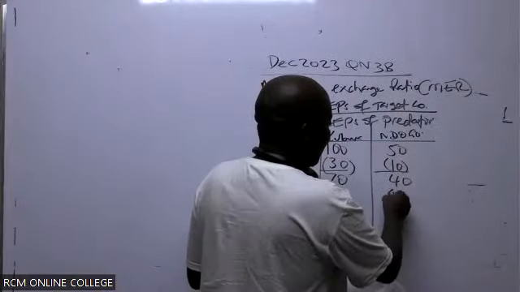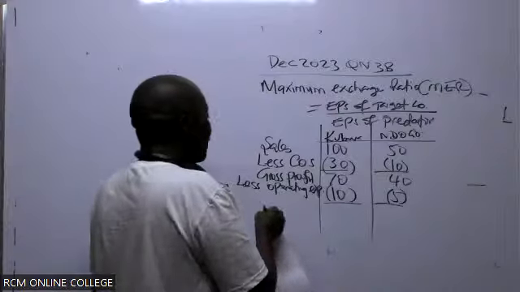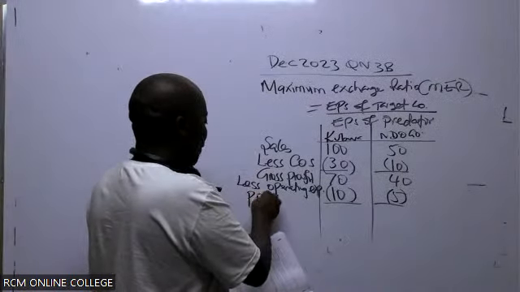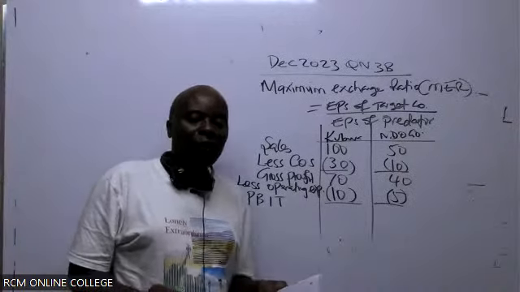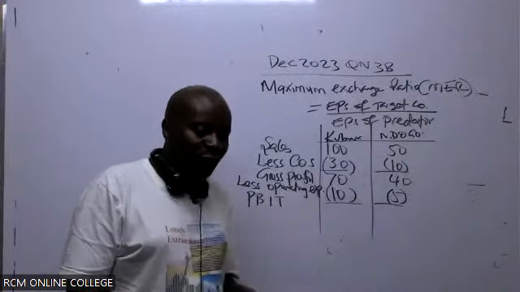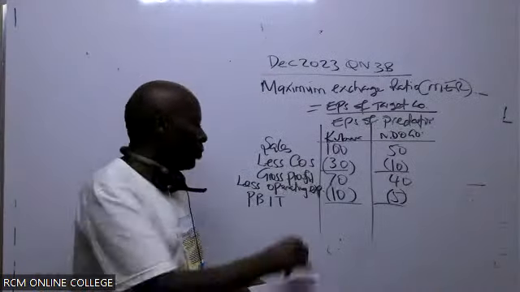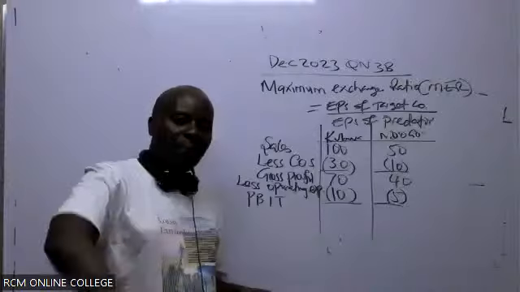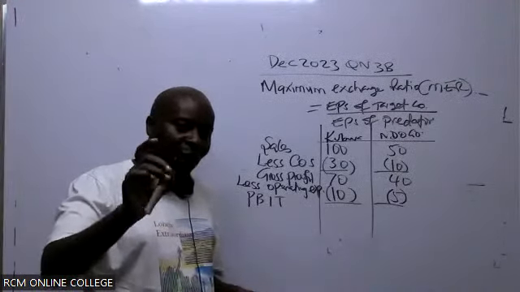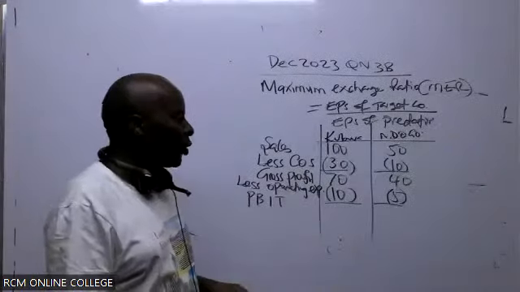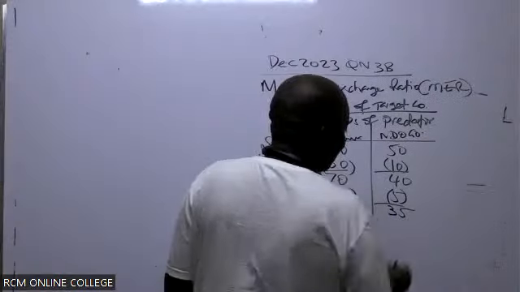Once you subtract like this, you get profit before interest and taxation. You have wiped away all the other expenses except interest or finance cost and taxation. So this gives me 60 here, and here I have 35.